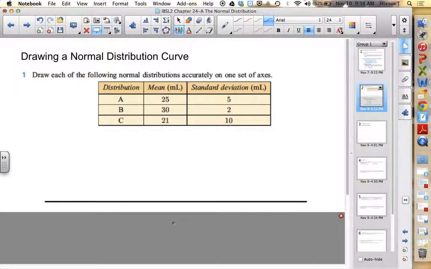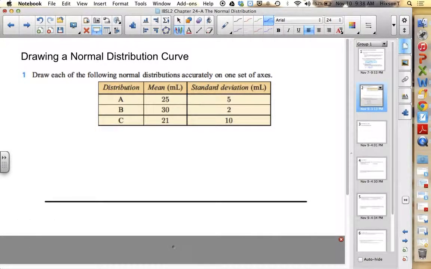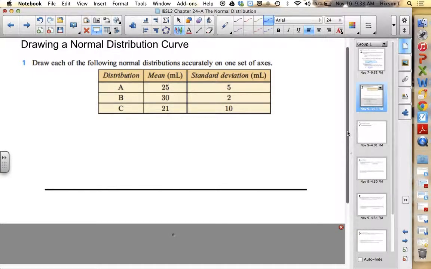But what we can do is we can sketch and get a good general idea of certain things, okay? So if we're asked to draw a normal curve, a normal distribution curve, we would start out first of all with an x-axis like this. It doesn't matter really where the y-axis is, unless you're including 0 on there.